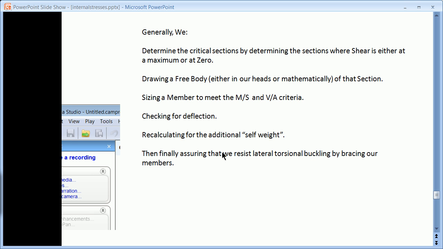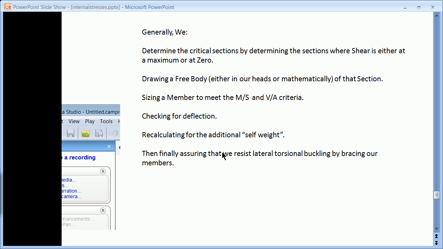We check for deflection. In other words, we do not want these things to deflect too much, and very often deflection is what, in effect, ends up sizing your member. Your actual stresses will be much less than what's allowable, but in terms of keeping deflection to some limit, basically the span divided by 360 or the span divided by 480, you're going to end up selecting your member.